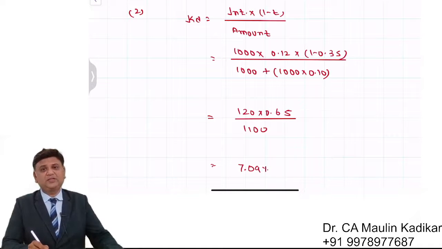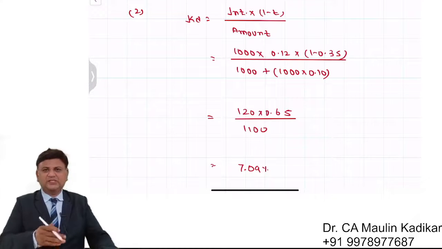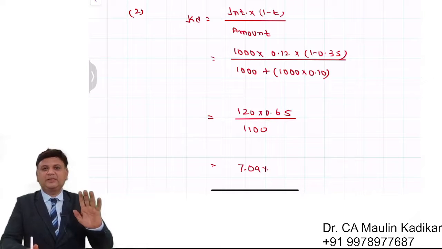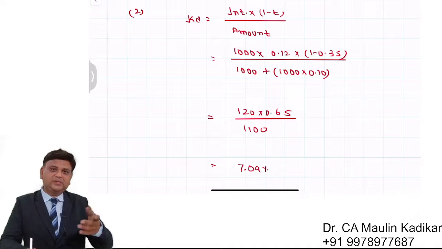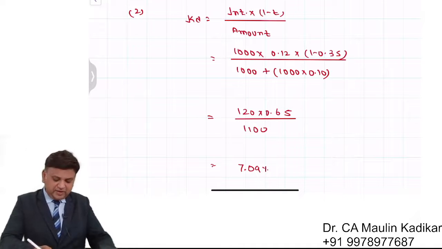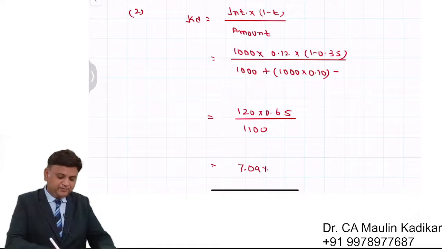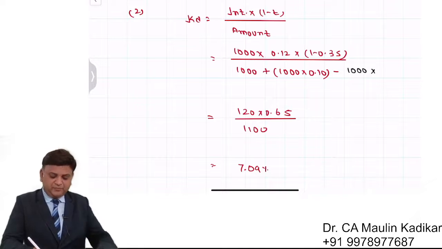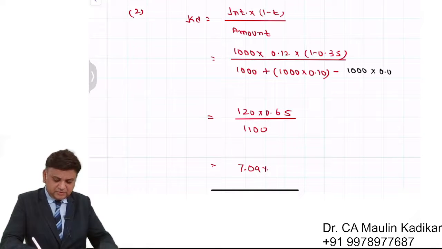However, we can see that the flotation cost information I have not considered. Now, flotation cost is an expense, but its nature is that it is one-time expense. It is not a recurring expense. So the way we incorporate the flotation cost in the calculation is like this. We deduct the flotation cost from the denominator. That is 1000 into the flotation cost rate of 5%.